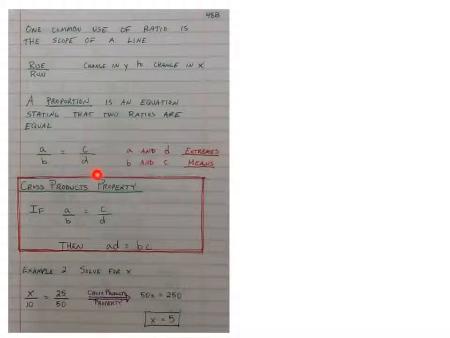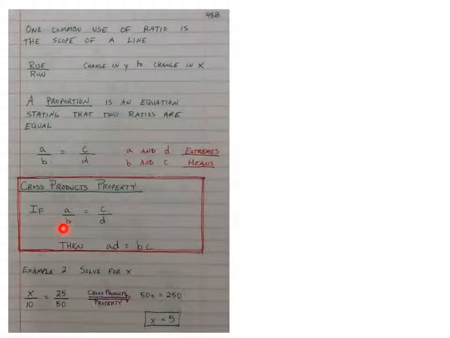Extremes and the means. When you have a proportion, you're actually able to apply what's called the cross products property to solve this. So if you have this proportion, then you can say AD equals BC, or the product of the extremes is equal to the product of the means. We see this most commonly in problems where some students will refer to it as cross multiplication.